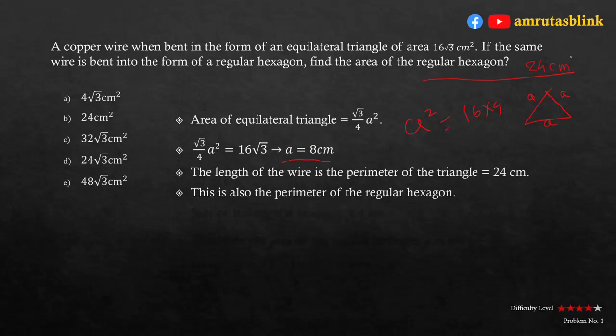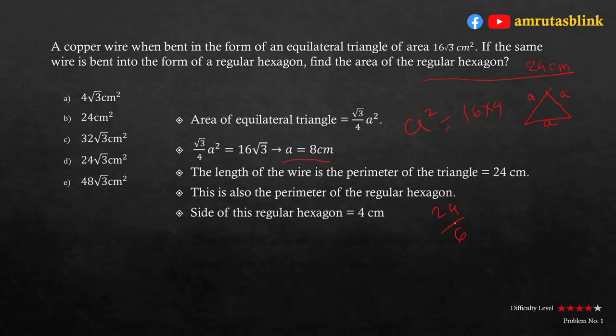Now the same wire is converted to a regular hexagon. A regular hexagon has 6 sides. All 6 sides are of equal length. Hence we can find the side of the regular hexagon by 24/6, that is 4 centimeter will be the side of this regular hexagon.